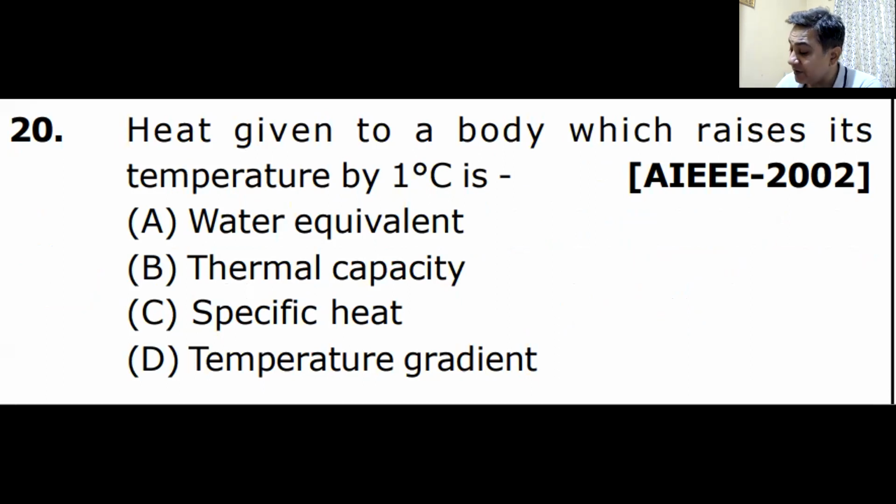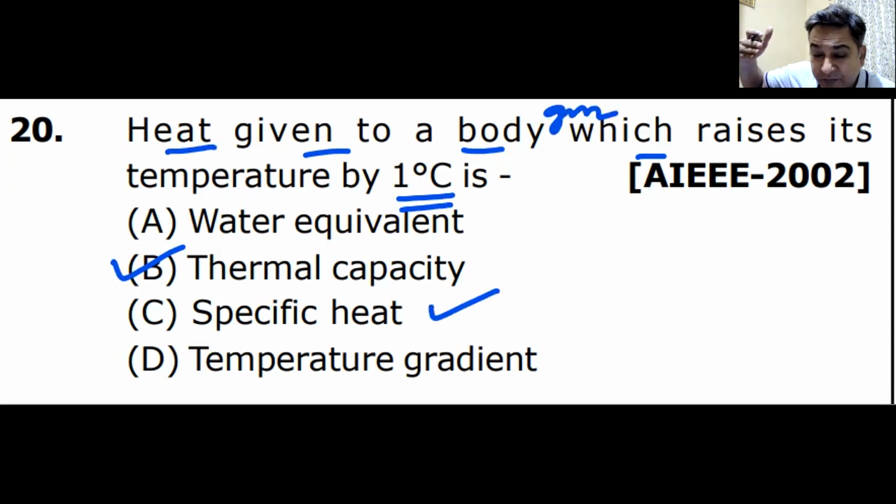Heat given to a body which raises its temperature by 1 degree Celsius, that is the thermal capacity. If it was for 1 gram of a body or 1 kilogram of a body, then the answer would have been specific heat. It is heat per degree per gram or per kg.